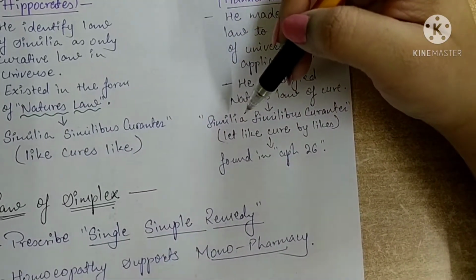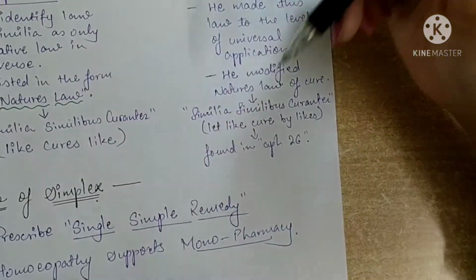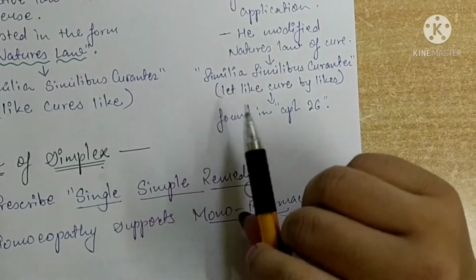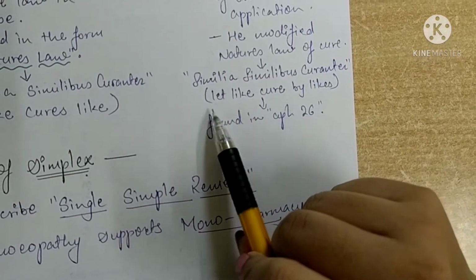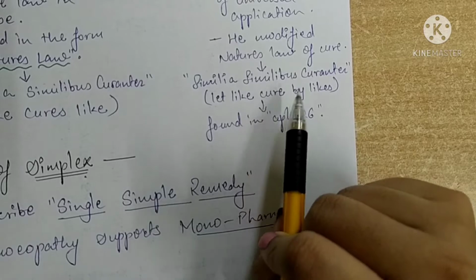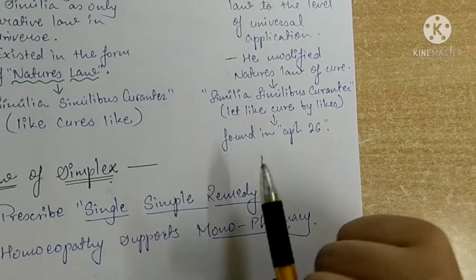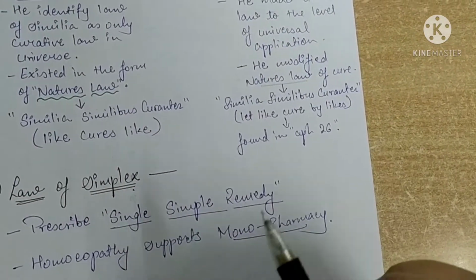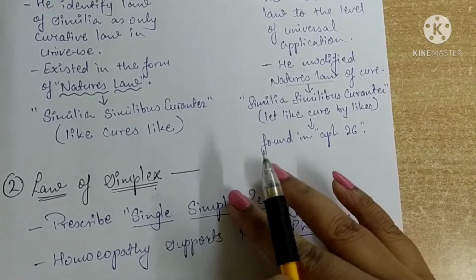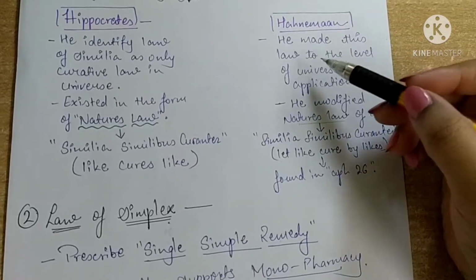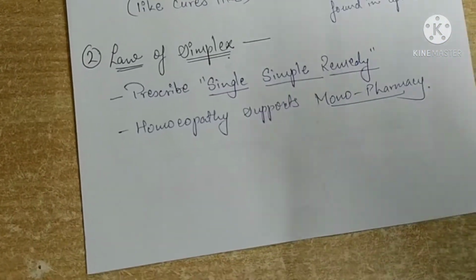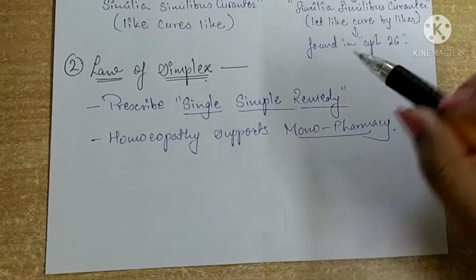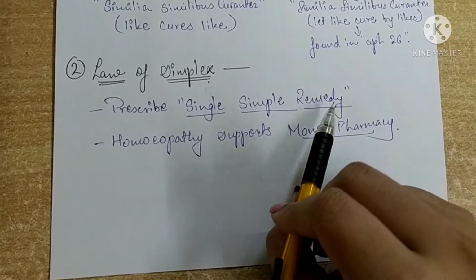He used this principle in homeopathy, similia similibus curentur, but with a little modification: let like be cured by like. This law is given in the 26th aphorism of the Organon of Medicine by Dr. Hahnemann.